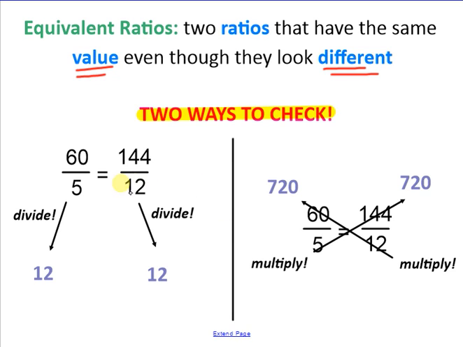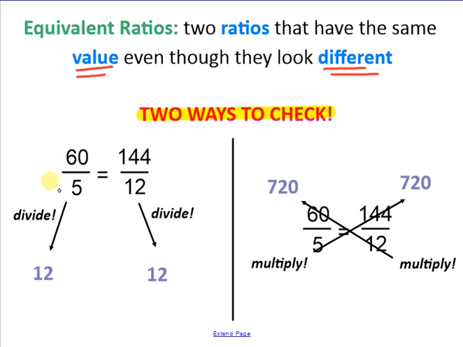So the first way to check is by division. Equivalent ratios, once they're set up, will look like this. They will be set up almost like a fraction equal to another fraction. In the first method, you will take each one and divide.